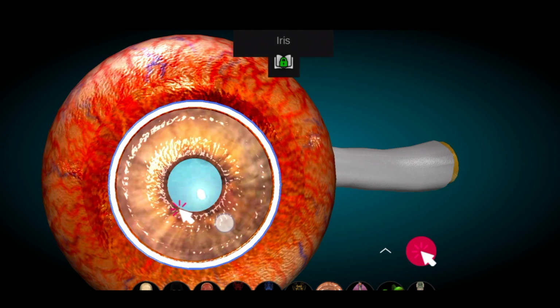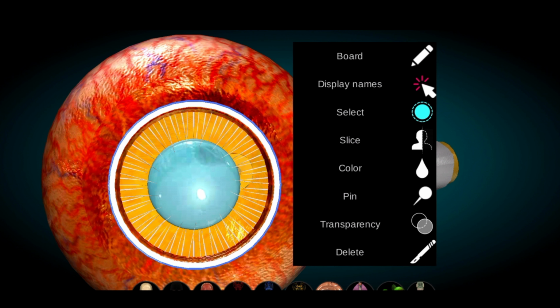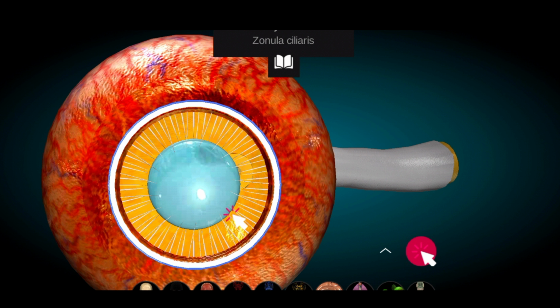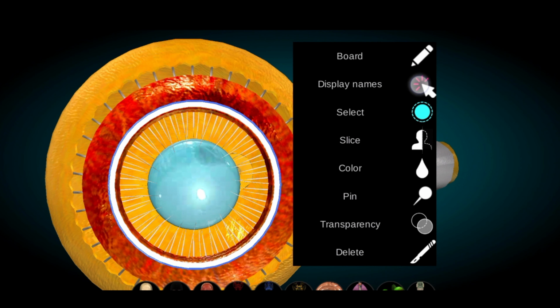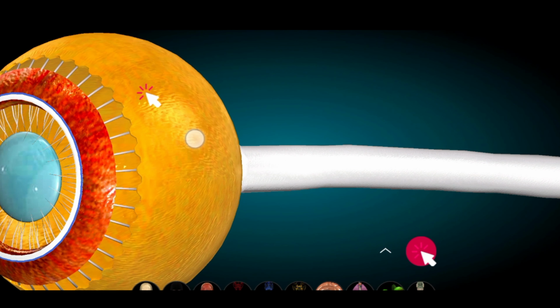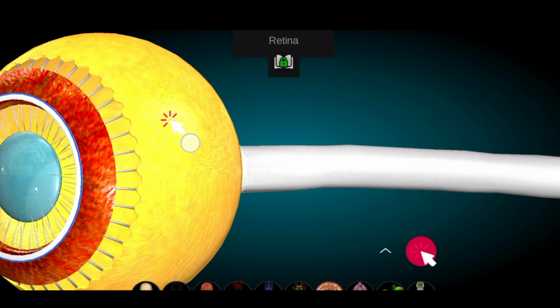Now as I mentioned, this is the iris, I'm just removing it. So I'm removing the second layer. Now here you can see this orange layer, this is the neuronal layer, and that is called the retina.